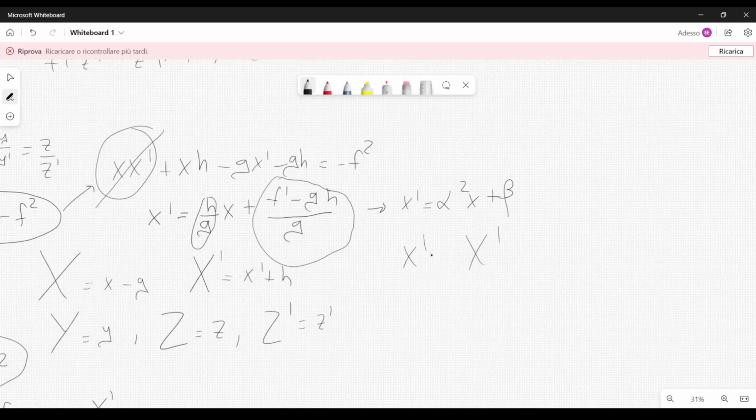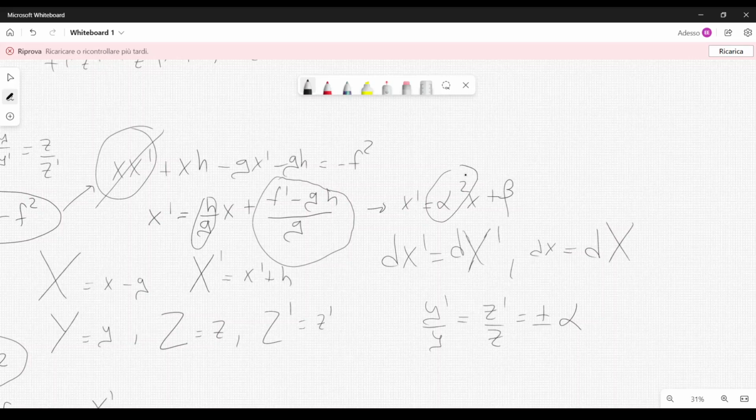There is just a constant between them, so the differentials are the same. So the differential of capital X prime is equal to the differential of lowercase x prime, and similarly for dx, this is equal to d capital X. And therefore you can see that y prime over y is equal to z prime over z, which is equal to plus or minus alpha, right? Because we know that y prime over y squared is equal to alpha squared, this coefficient here, because it is simply the derivative of x prime with respect to x.